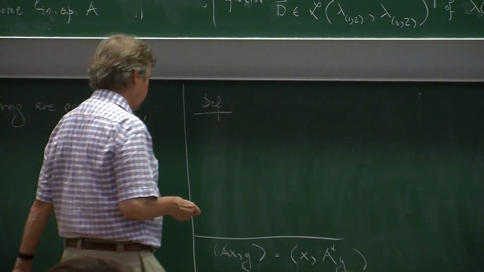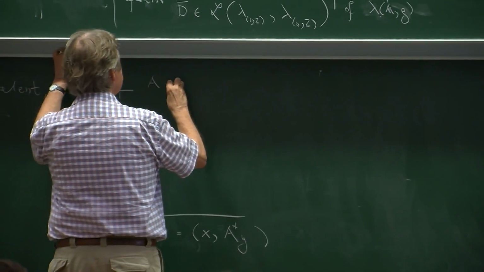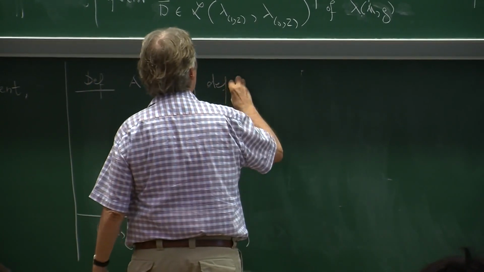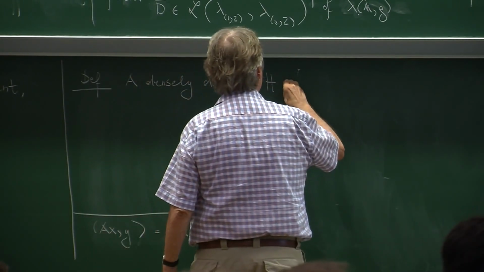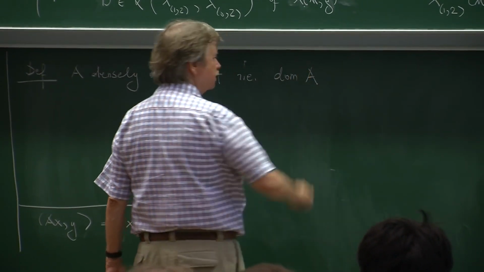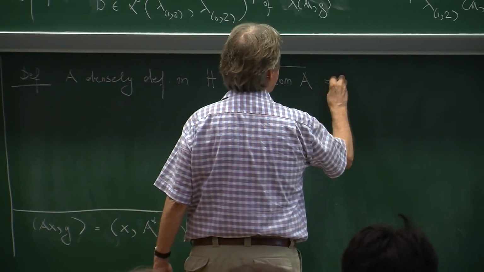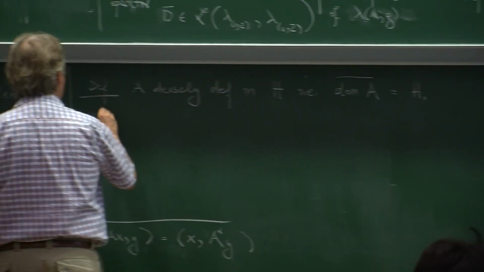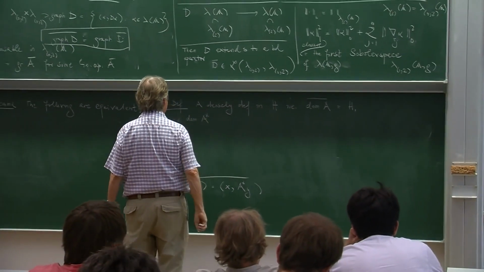And precisely we do it in the following way. A densely defined, and now I call the abstract Hilbert space just H. So A has a domain. This is where it is defined. And the closure of the domain is equal to H. So then y is in the domain of another unbounded operator, A star.